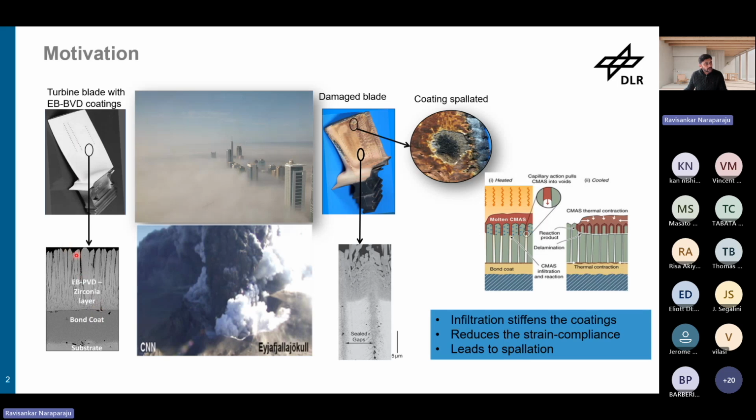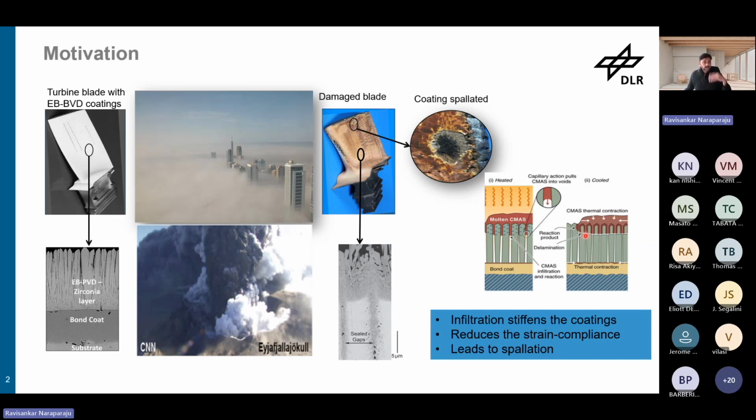So after some 50-60 microns depth, the temperature goes to maybe 1150, 1160, or 1200, depending on the CMAS composition, and it will crystallize again, and your coating will be half infiltrated.